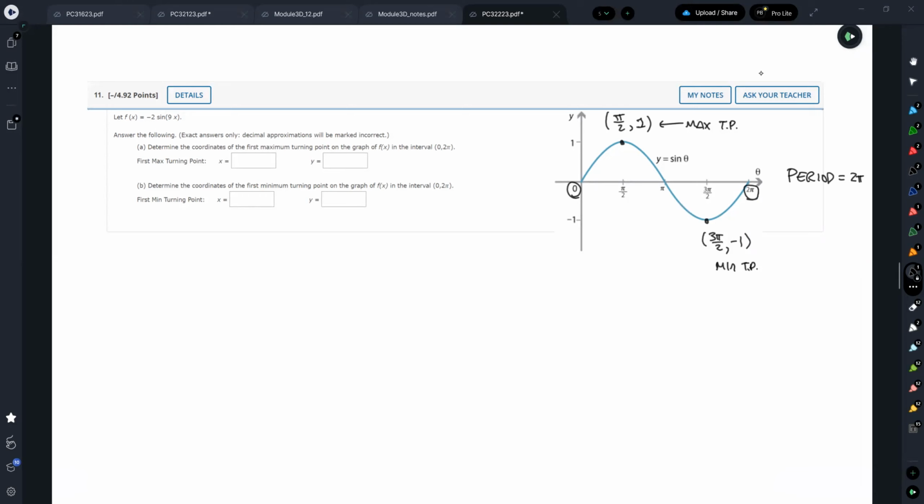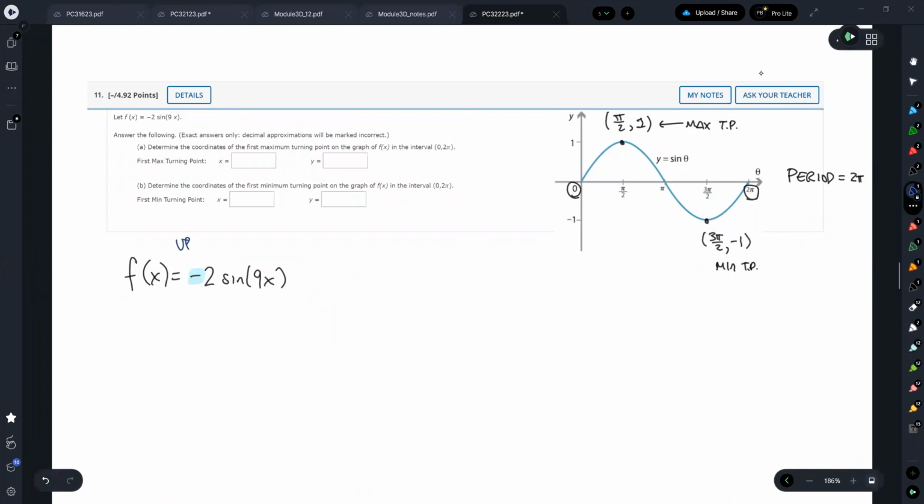Okay, so now let's look at what's going on with the actual function we're given. So f of x in this case is -2 sine of 9x. All right, so remember that a negative is going to flip the graph upside down. This 2 right here is going to stretch it vertically.